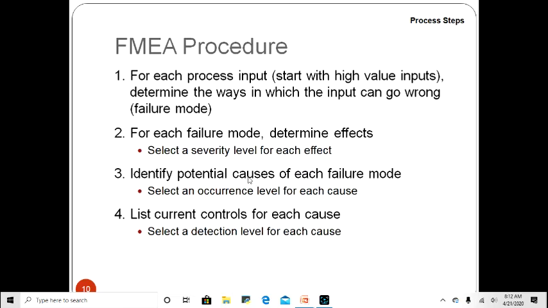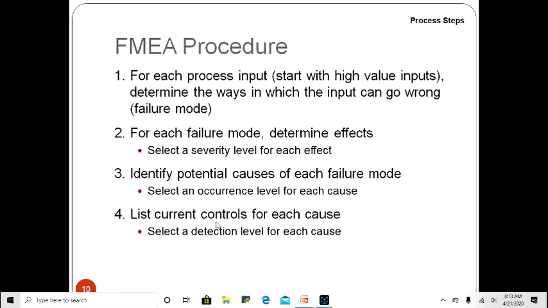So once you are doing that, what you have done first is identify the source of occurrence of the risk, either the raw material or the design or the process. Second is severity. You have noted down what is the severity of the risk. And third, if your severity level is high, then it will go to a failure mode. So something has gone to a failure mode, then you're looking at the potential causes of it, and then how can you control these causes so that the failure is not achieved.